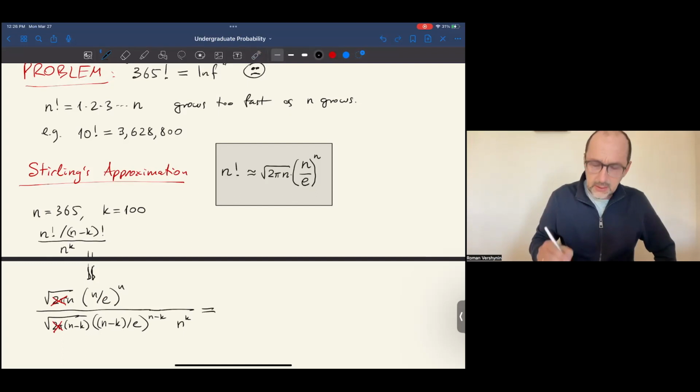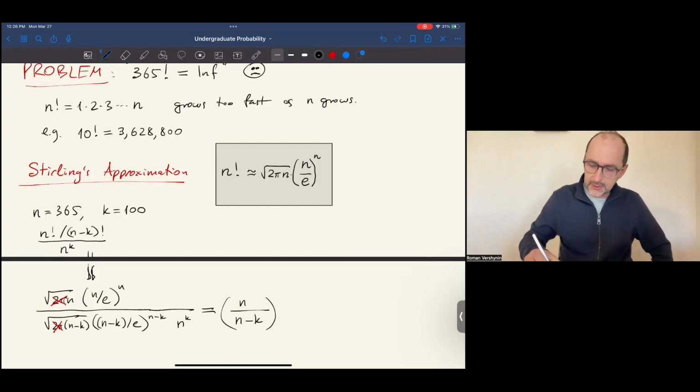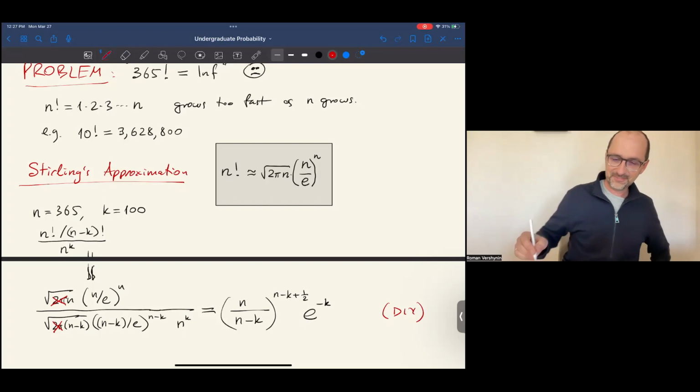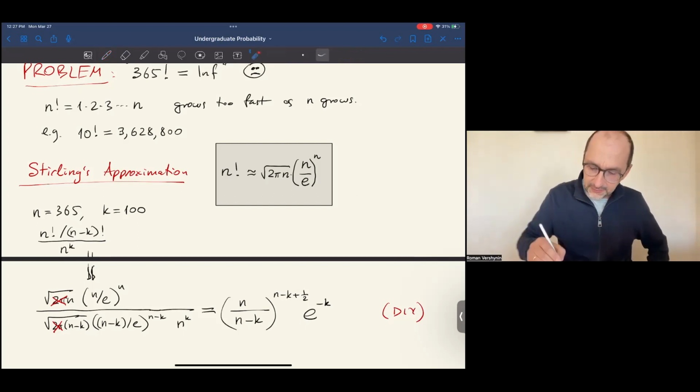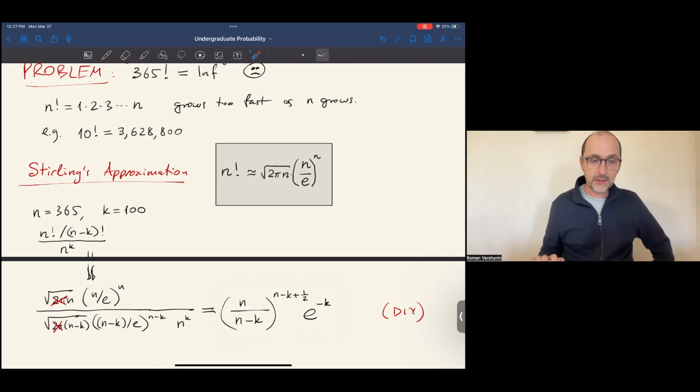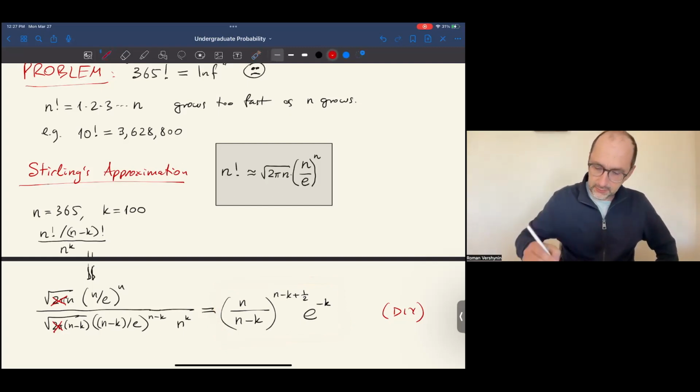Just simplify this formula, cancel all the terms that will cancel, and you will get something like this. This is a do-it-yourself project. Just cancel the terms and you will see it's true. Now in this formula, there are no factorials and the numbers are manageable, and you can compute that. So this is computable.